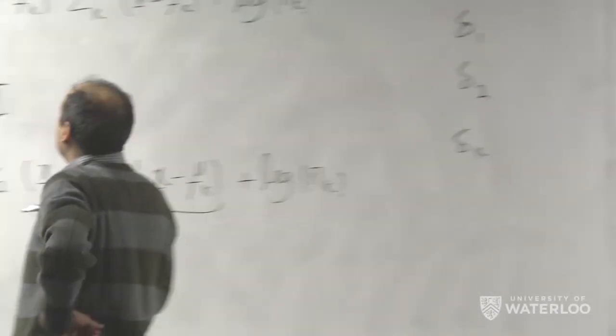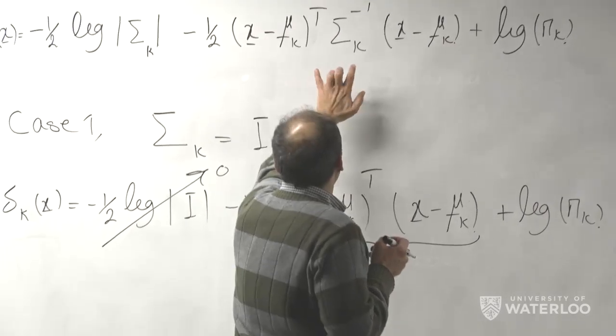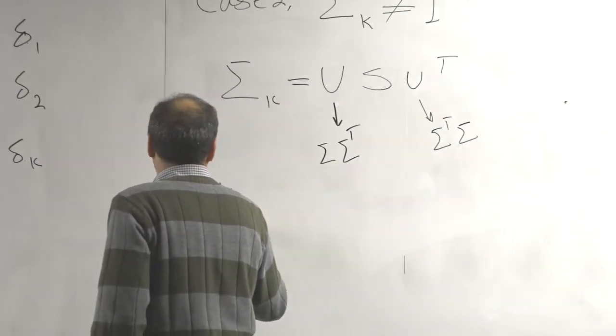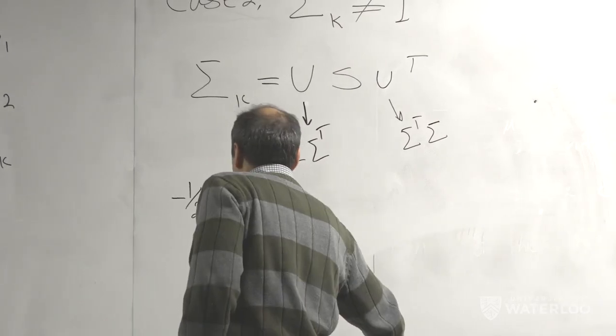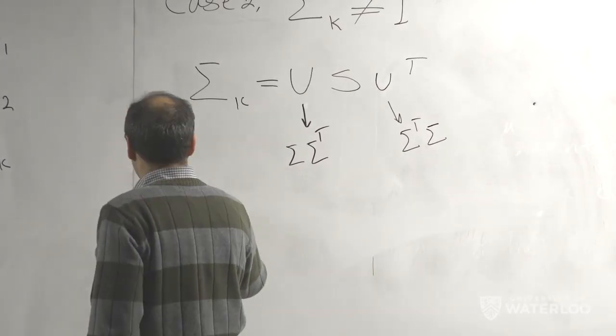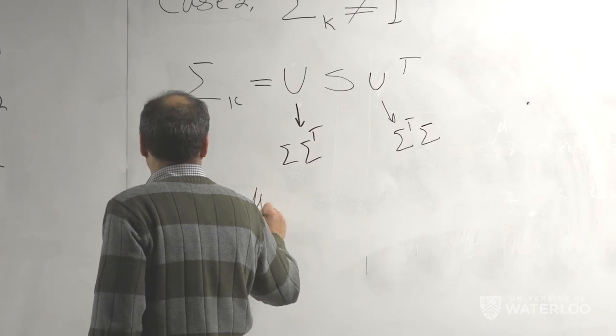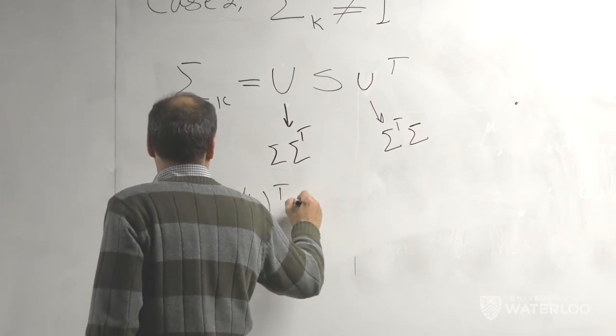Okay, now look at this quantity, which was the Euclidean distance.